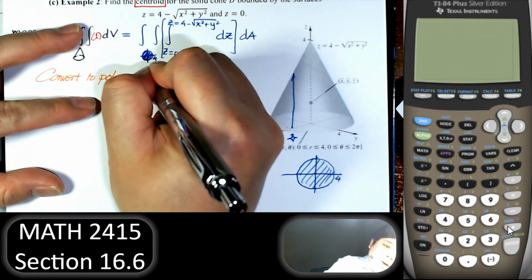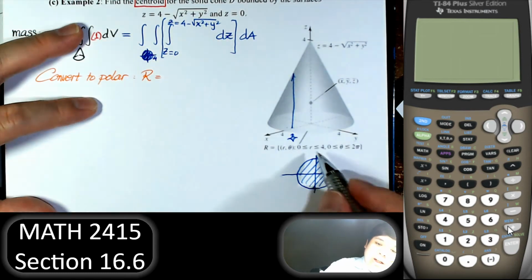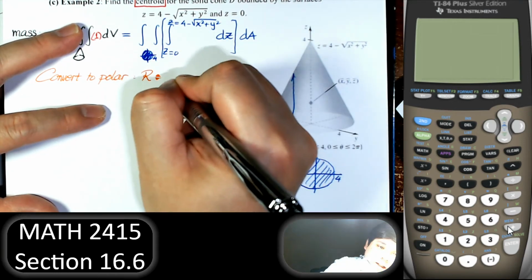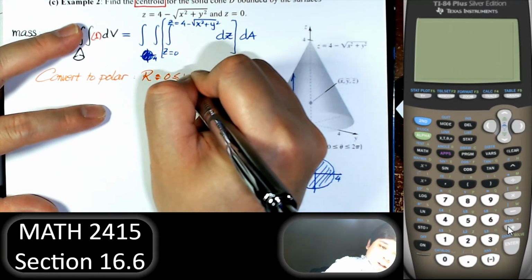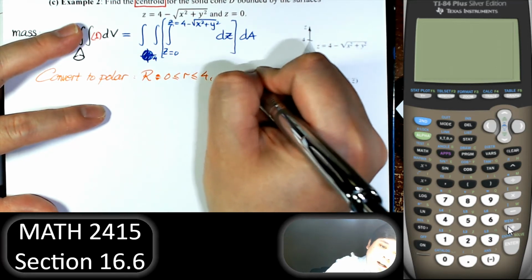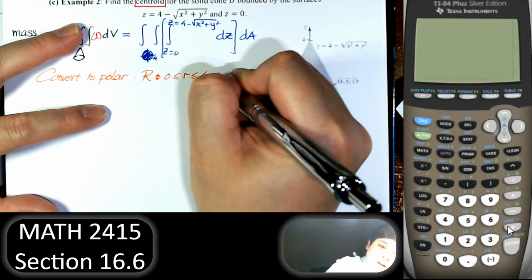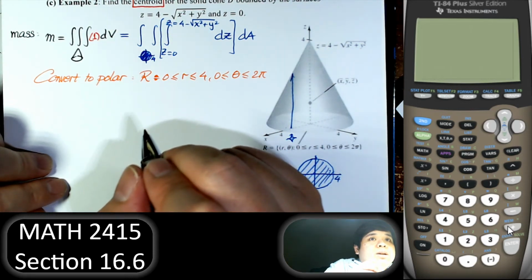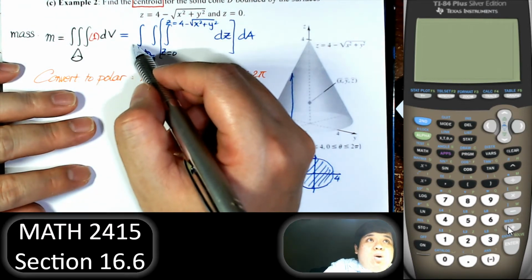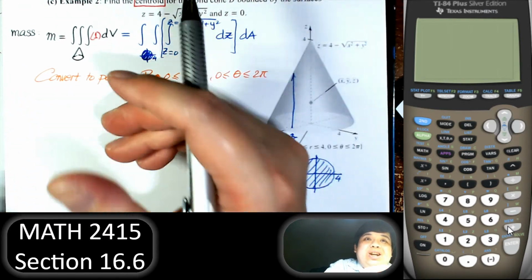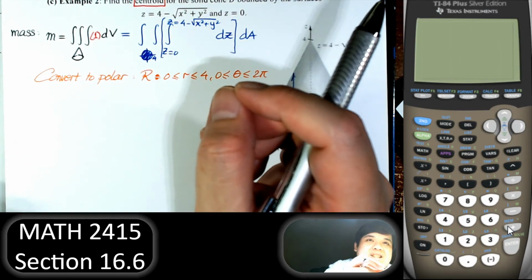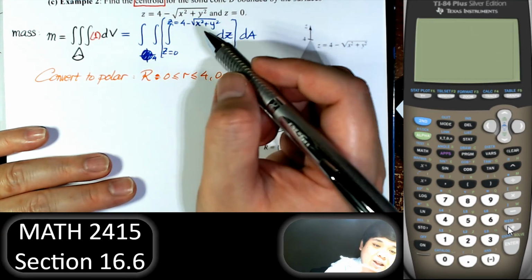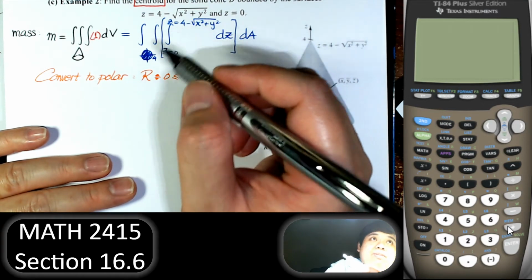Converting to polar, the region R is going to be r between 0 and 4, and theta between 0 and 2 pi. I convert x and y to polar and I keep the z. So I should say convert this to cylindrical coordinates instead of polar. But if we just convert x, y, it's perfectly fine. Don't worry about it. Right? Let's go.